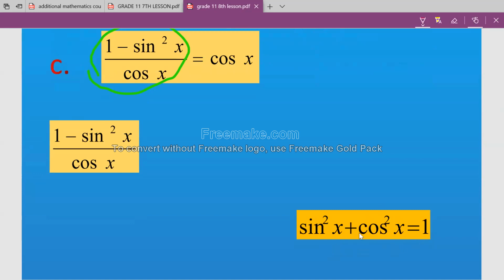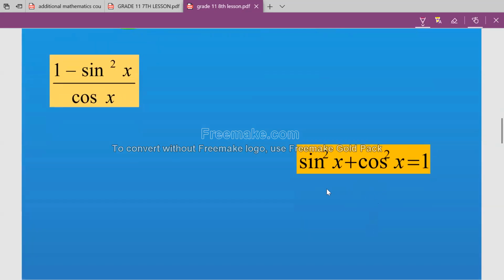Okay, when I isolate cosine square x, I take that sine square x to the other side of the equation: 1 minus sine square x. And the question, can I write cosine square x instead of 1 minus sine square x? Yes, because they're equal.